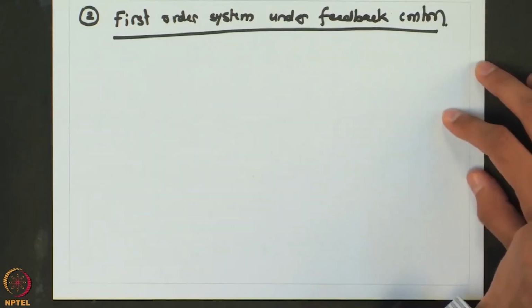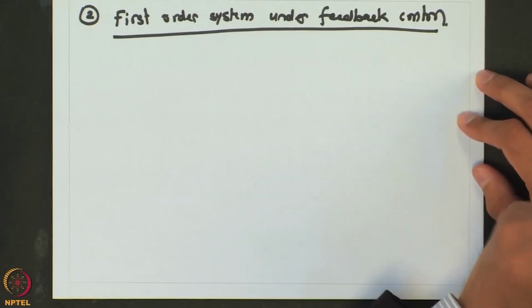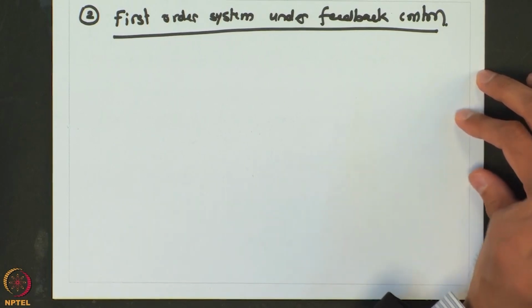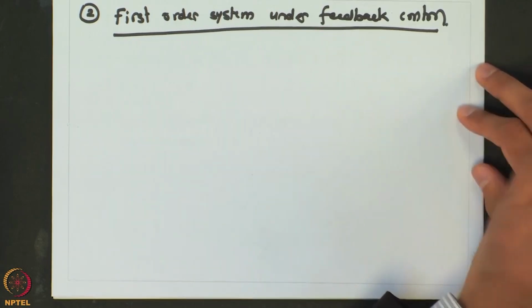So, what we are seeing is to get a second order system, we actually have to start with a first order system. That is why last week I had said that first order systems are the primary or the basic fundamental type of dynamical system. In order to get a second order system, we will start with a first order system. So, here we are going to look at a first order system under feedback control.